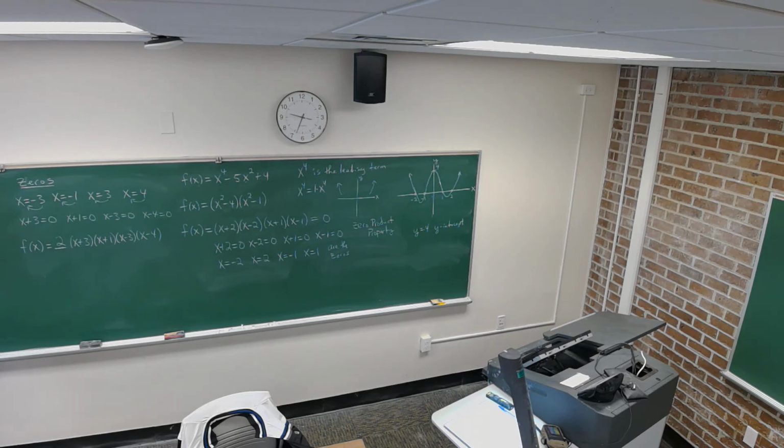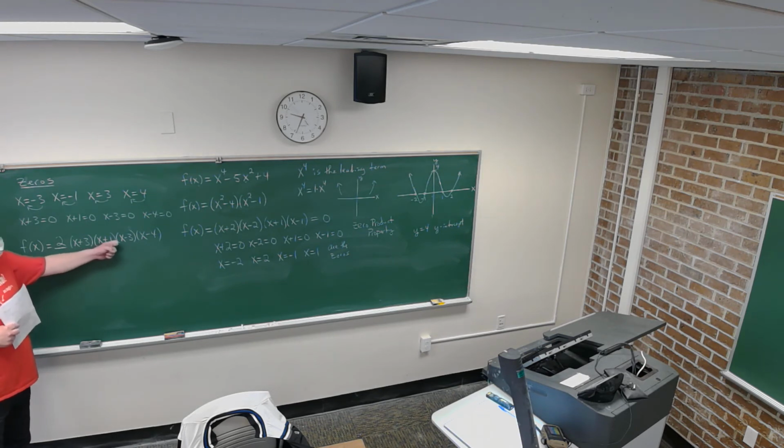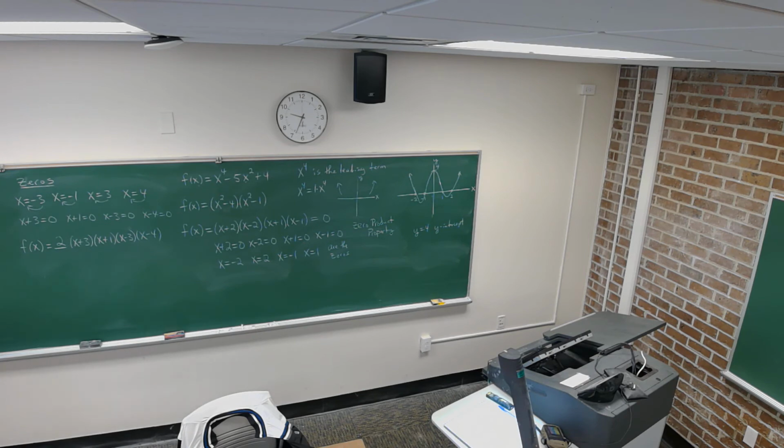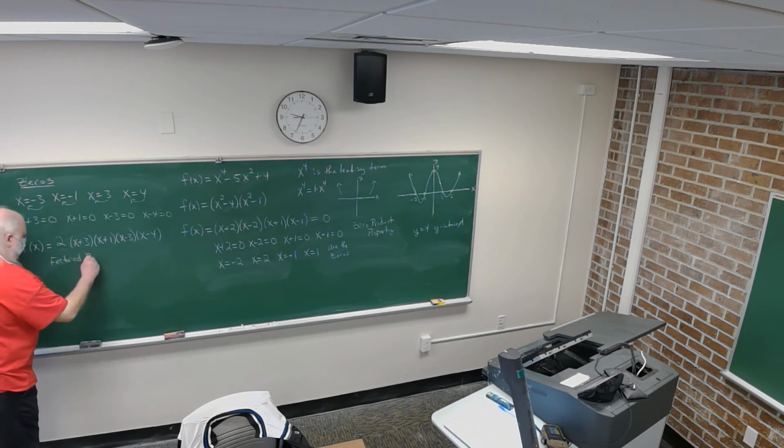Then the leading term will be 2 times x to the 4th. x times x times x times x is x to the 4th, and then times 2 gives us 2x to the 4th. Okay. So this is called a factored polynomial.